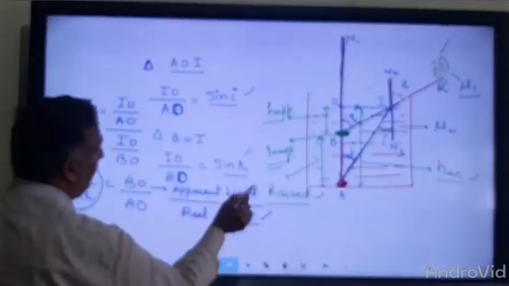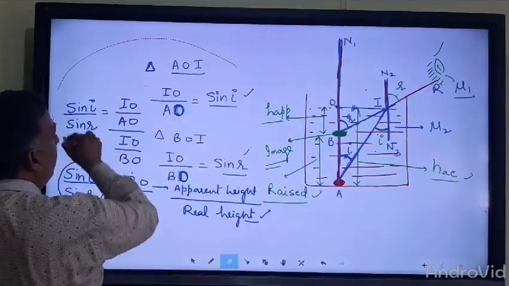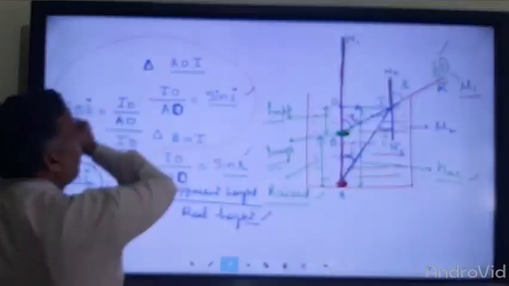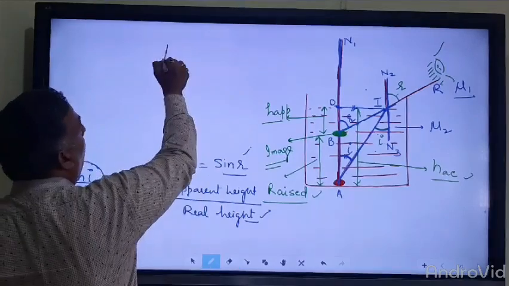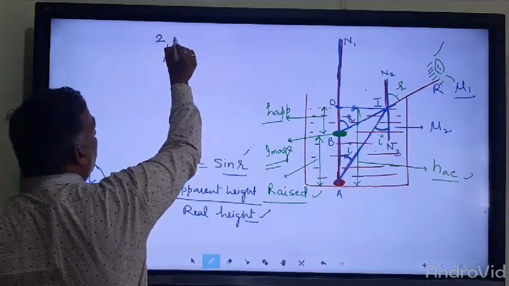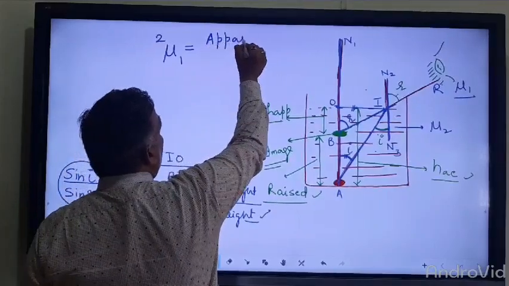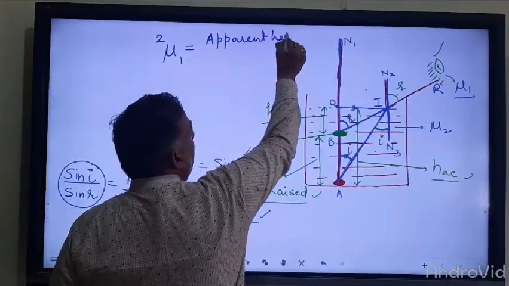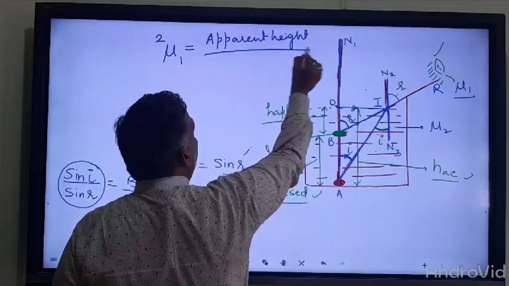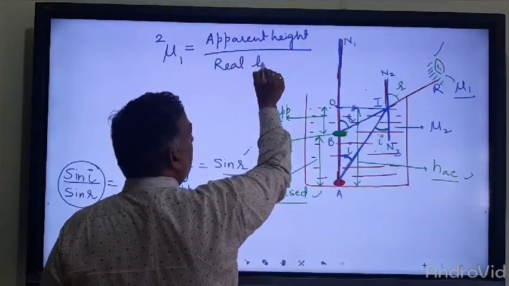So in this case, the refractive index of 1 with respect to 2 is apparent height upon real height.